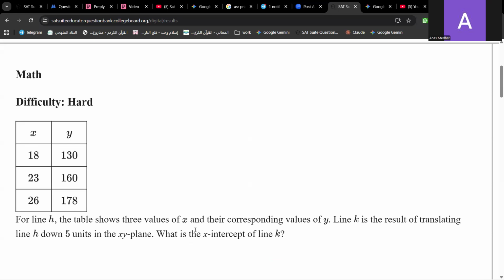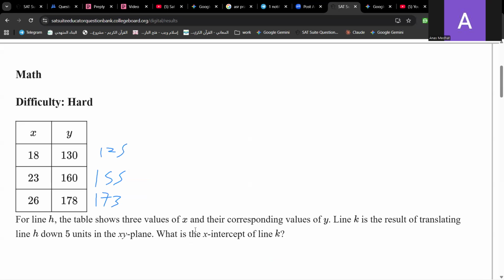So it will be 125, 155, 173, with the same x, right? Okay.